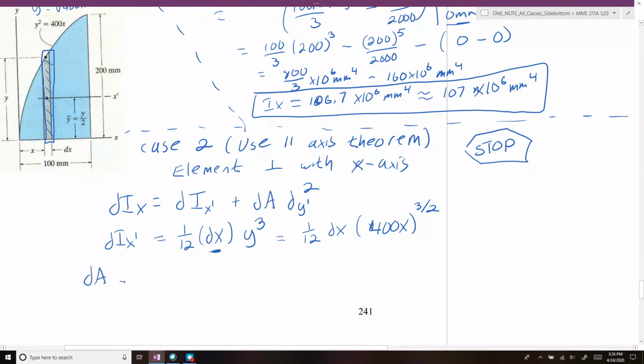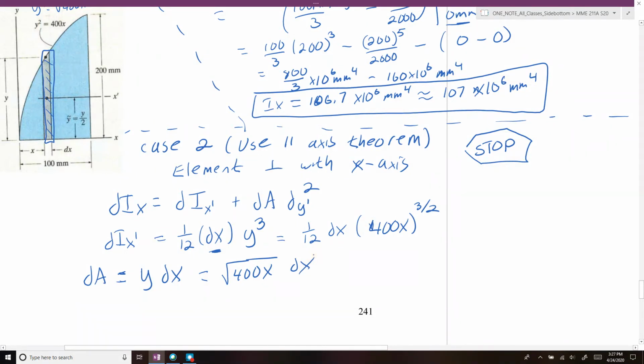If we define dA, dA is equal to y dx, so we can plug in y equal to the square root of 400x, dx.